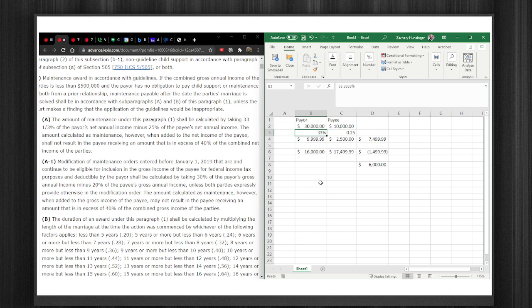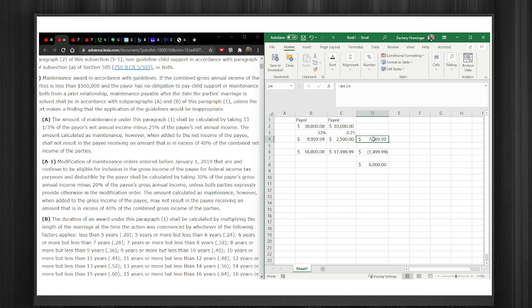So we take 33.33333% of his or her income, and that comes out to $10,000. Payee's is 10,000 times 25%, which becomes 2,500. So you subtract those two.